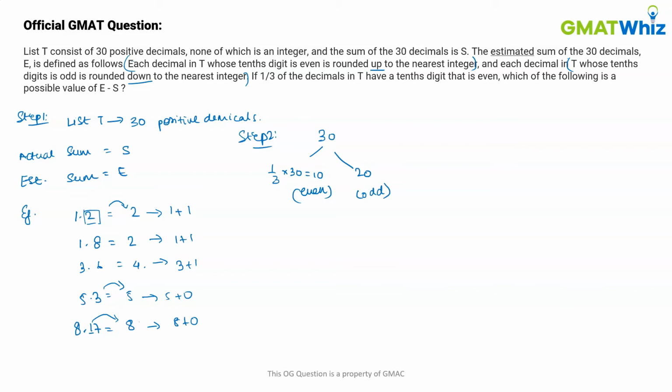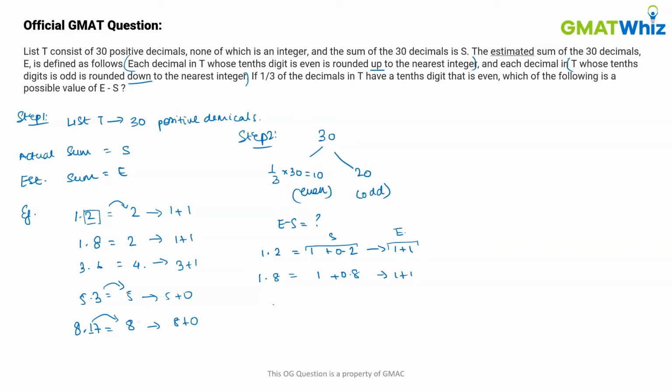We have to find out which of the following is a possible value of E minus S. Now to solve this question, let's write down 1.2 as 1 plus 0.2 and 1.8 as 1 plus 0.8. Now this is changing into 1 plus 1 and this is changing into 1 plus 1. So basically this will give us the actual sum and this will give us the estimated sum.